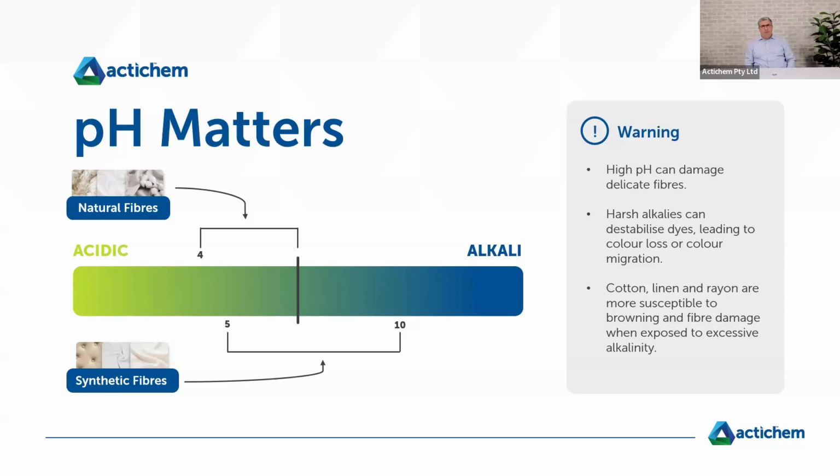We always use organic acids, which are a lot kinder to natural fibers. So typically the pH is sitting somewhere between 4.5 and 6.5, somewhere in that region. With synthetic fibers, polypropylenes especially, we can afford to go higher, but we need to ensure that we pull that pH back down to a neutral level before we finish up.